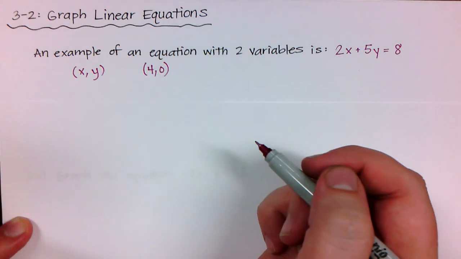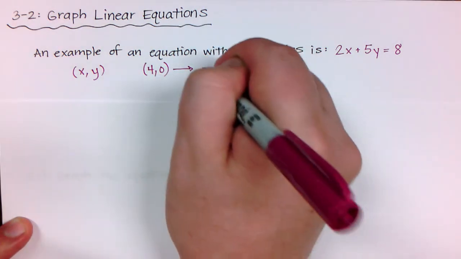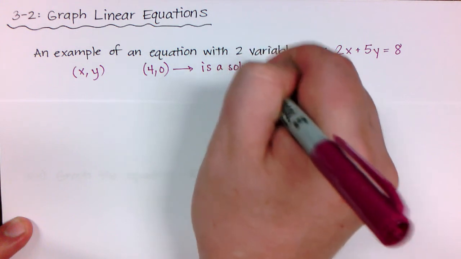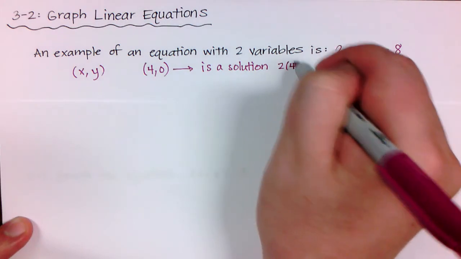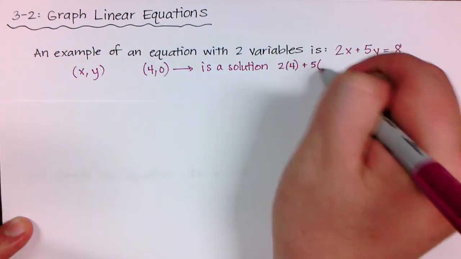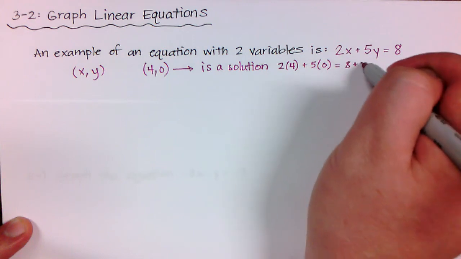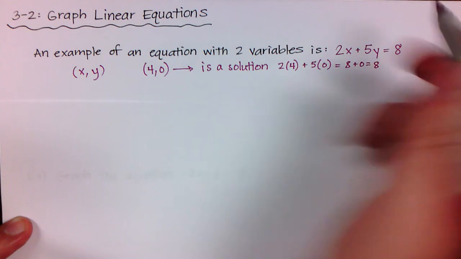the coordinate 4, 0 is a solution. The reason why is because when I plug it in, we're going to find that 2 times 4 plus 5 times 0 is really 8 plus 0, which is 8, which is what I have on the other side.